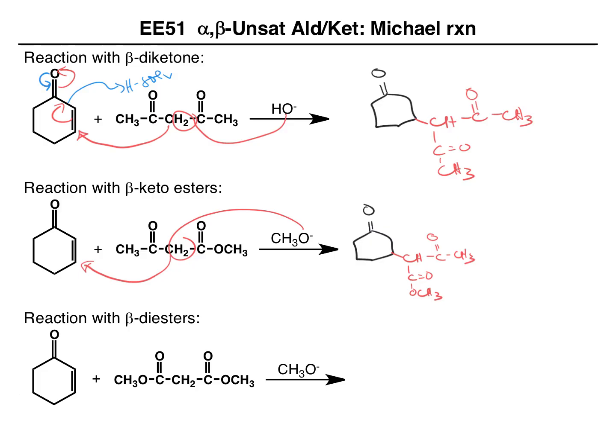So if we were to hydrolyze the ester, now we can do it by step 1, saponification, step 2, acid workup, or we could just do the hydrolysis under acidic conditions. But that is going to hydrolyze the ester to give us this.